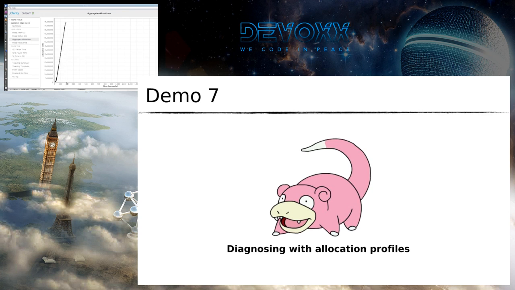So if you do the maths on this, it's like 75 gigs over 200 seconds, about 0.35 gigs per second. Just checking my math. So what's the allocation rate? About 3.5 gigs per second.